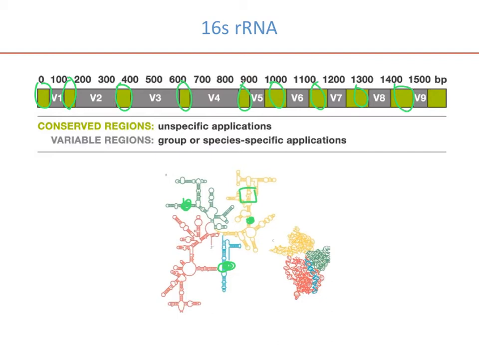They're forming the stem. Whereas in gray are the variable ones, and you can see here you've got some major variable regions. Those are the ones that are freer to mutate, and those are the ones in gray.